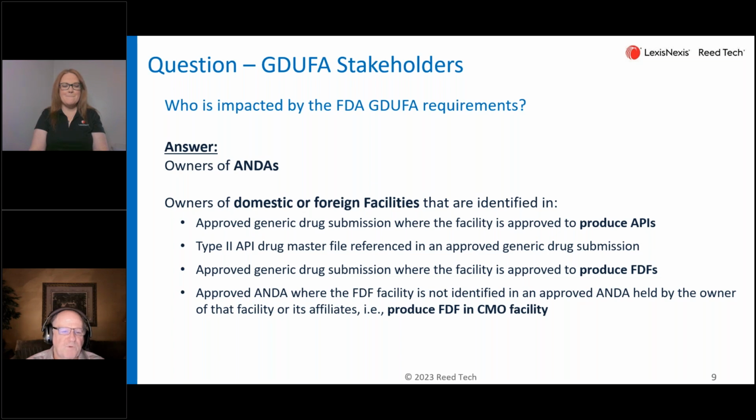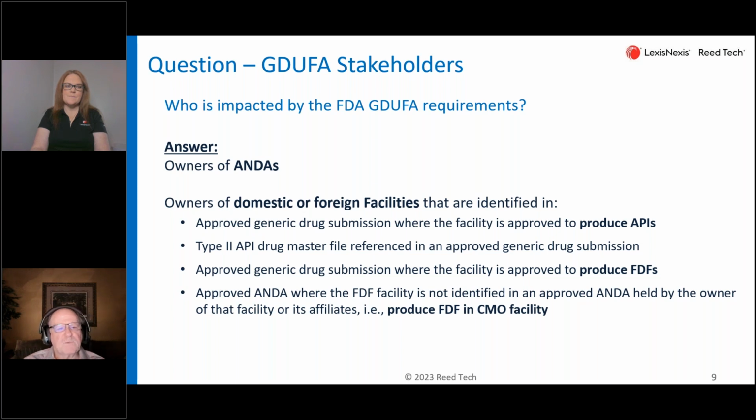And then if you are an owner of a domestic or foreign facility, basically if those facilities are producing APIs, final drug forms, the FDFs, or if you're operating as a contract manufacturer facility, then you would fall into this category that you would have to comply with the rules and regulations of the GDUFA activities.